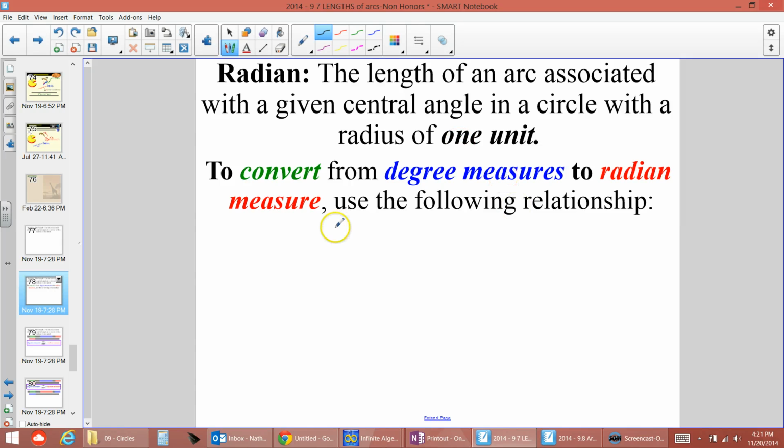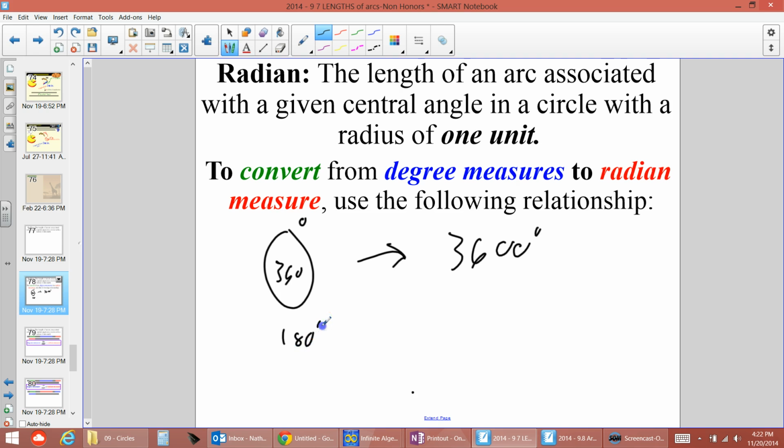So before we talk about radians, let's talk about degrees to mils. For the military example, if 360 degrees is a full circle in degrees, then what would a full circle be in mils? 3,600 mils. If I had 180 degrees, we would times that by 10, and we'd end up with 1,800 mils.